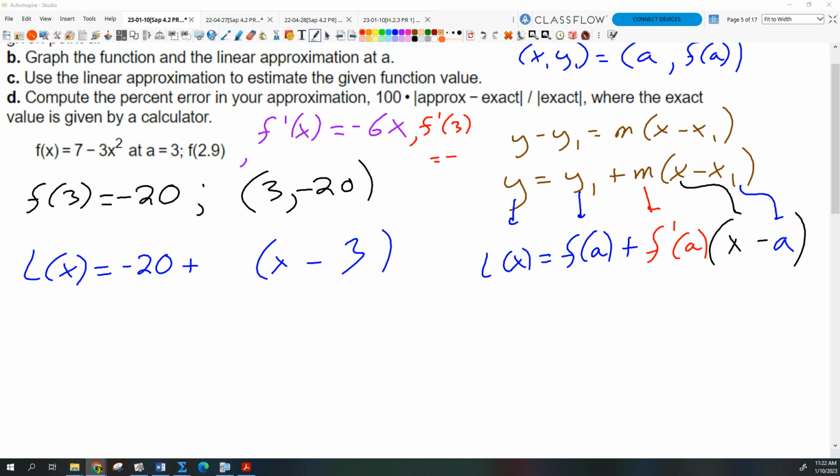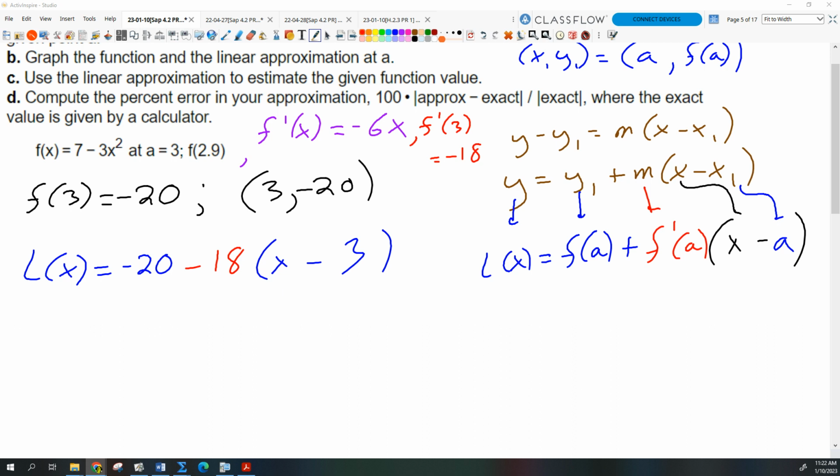Negative 18. Right? There's our line. And we could simplify, distribute the negative 18 and combine like terms, and we've got our line. Okay? So there's part A.